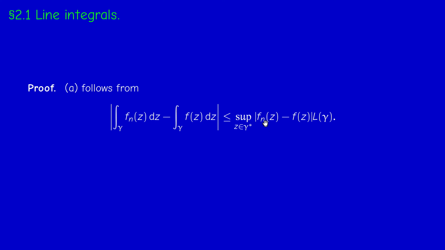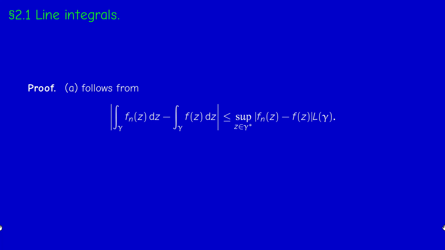So if we have uniform convergence on gamma star, then this quantity tends to 0. It's not true if we just have pointwise convergence, but it's true with uniform convergence. So if f_n converges uniformly to f, this quantity tends to 0, and therefore this integral tends to this integral.